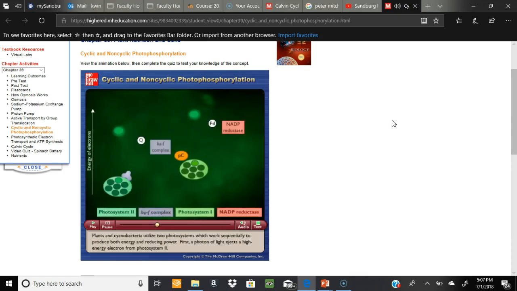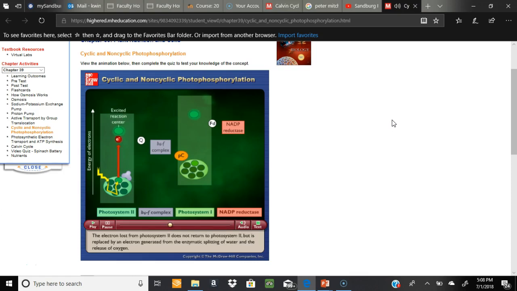Plants and cyanobacteria utilize two photosystems which work sequentially to produce both energy and reducing power. First, a photon of light ejects a high-energy electron from photosystem 2. The electron lost from photosystem 2 does not return to photosystem 2, but is replaced by an electron generated from the enzymatic splitting of water and the release of oxygen.